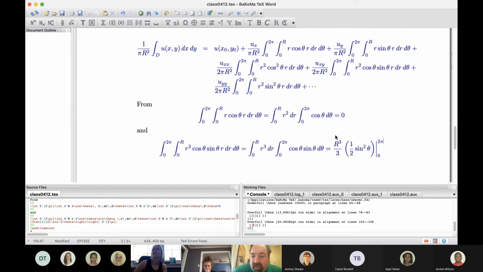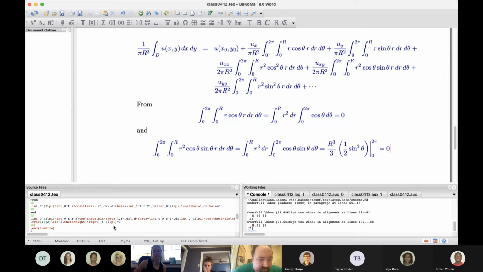You can see this by u substitution. If I let u equal sine theta, then du is cosine theta d theta. So now I can plug in limits, and they're both going to give 0, so that also is 0.